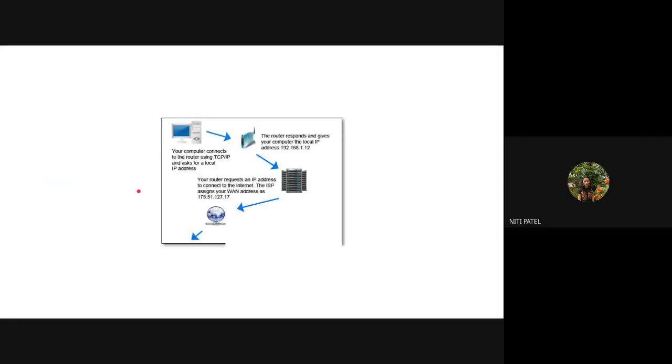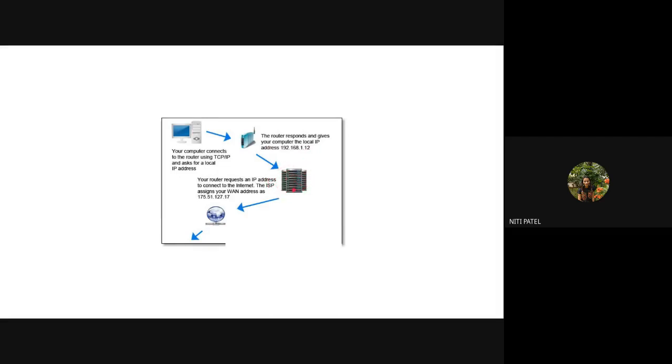Okay. So what is this? You have two machines communicating. One machine is connected to another machine, or a client machine is requesting data. So your computer is connected to a router using a TCP/IP connection and it is asking for the IP address. The router routes your request to a particular server. Your request will be taken and an IP address will be assigned.